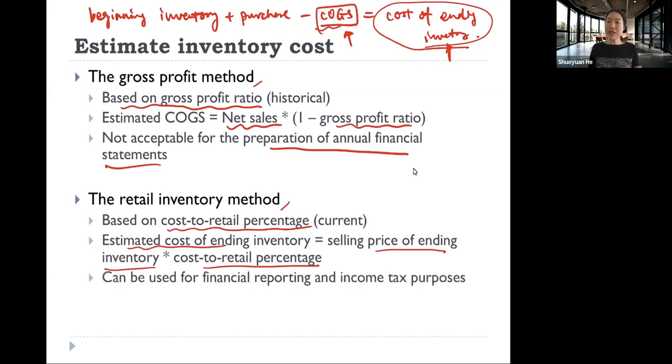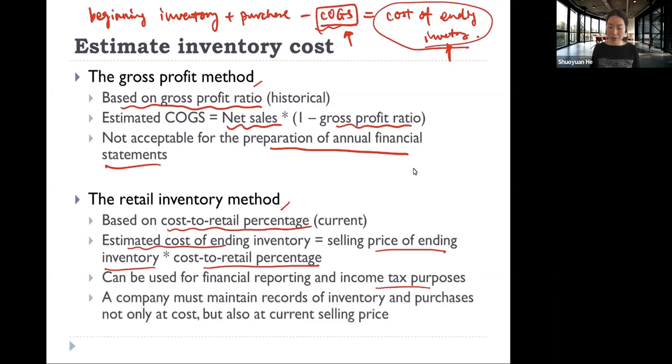This number can be used for financial reporting and income tax purposes. But under this method, the firm must maintain records of inventory and purchases, not only at cost, but also at current selling price. So this is a brief explanation of the difference between these two methods, and then we're going to look at each of them in detail.